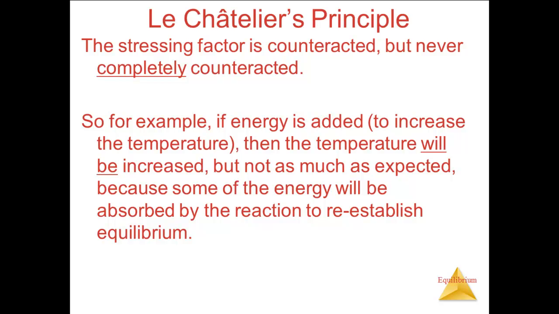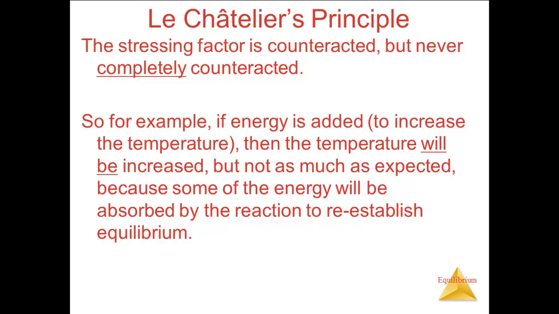Or if the stress is that the concentration of A is increased, then when the system reaches equilibrium again, some but not all of the added A will have been reacted. Or if the pressure has been increased by lowering the volume, then when the equilibrium is reestablished, the pressure will have decreased again, but not back to what it was before the change.